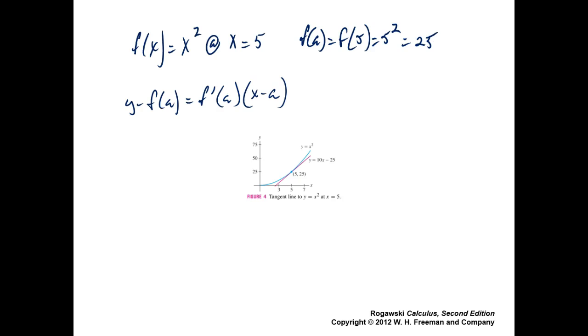Now, what we have to find is f prime of a. And what did we just learn that f prime of a was? Back 2 slides, the limit as x approaches 5 of f of x.